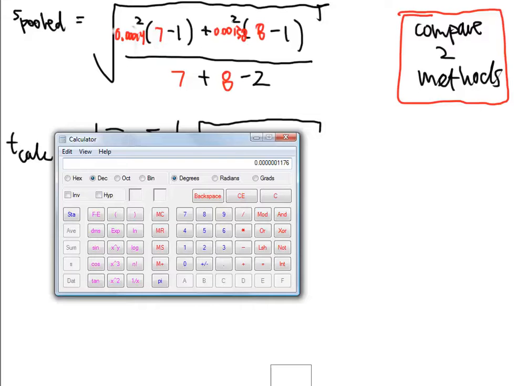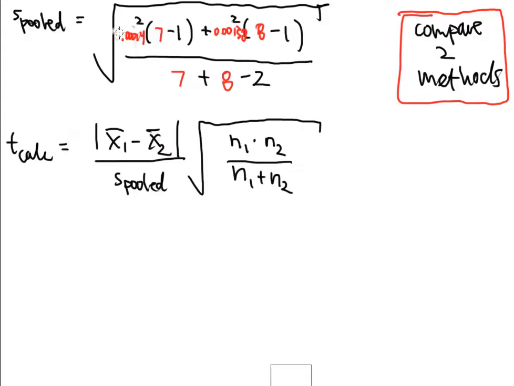So if I count the number of zeros here, how many do I have? 1, 2, 3, 4, 5, and 6. So I've got 6 zeros, 1176. All right, so let's just get rid of all that mess.